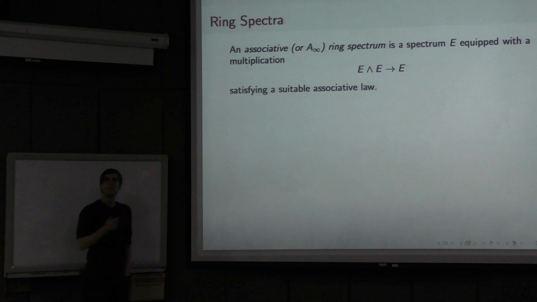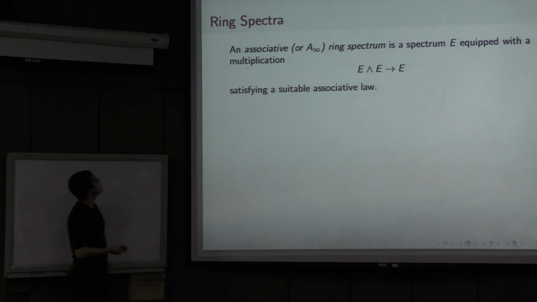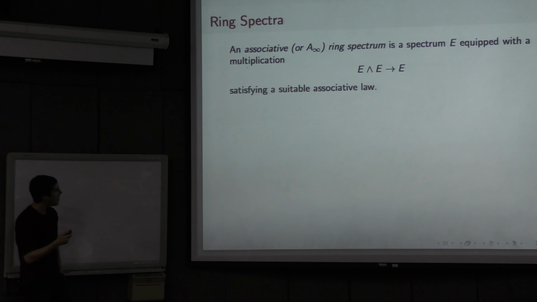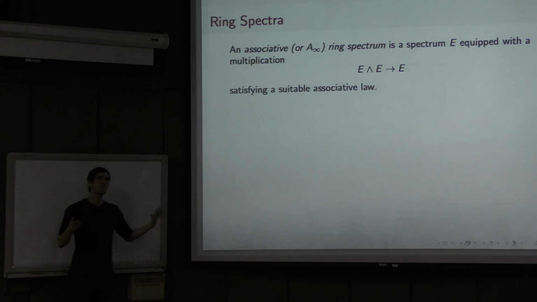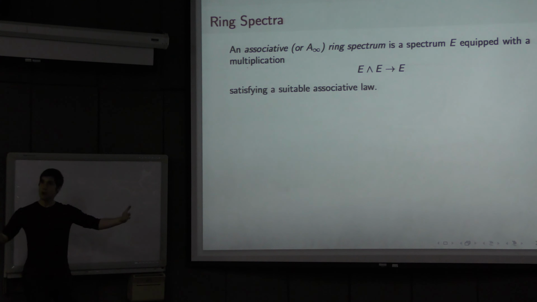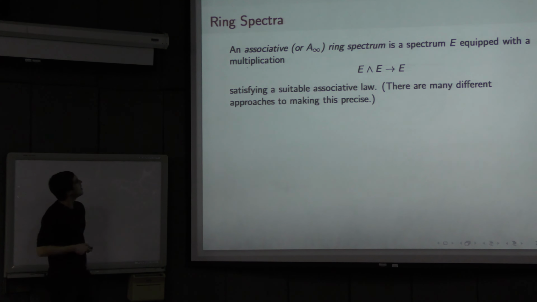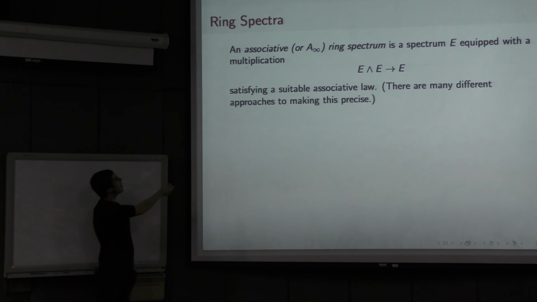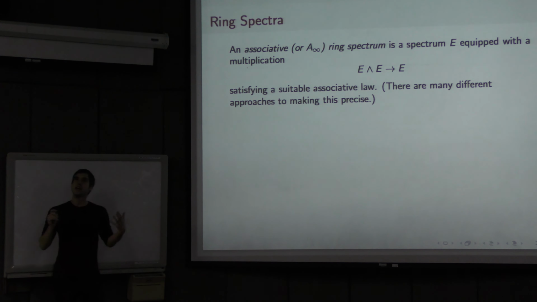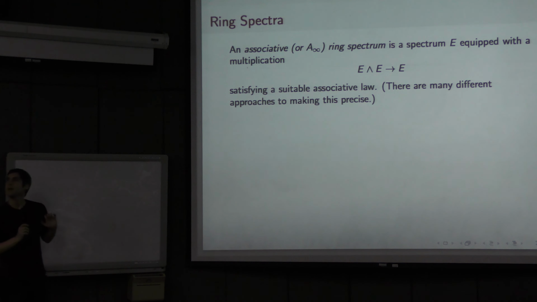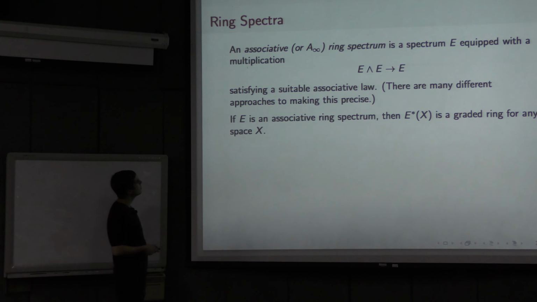Well, there's a lot of different ways of answering these questions, and many of them give rise to the same or equivalent definitions. And rather than get into the details of any particular definition, let me instead just tell you how you can think about this notion of associative ring spectrum.